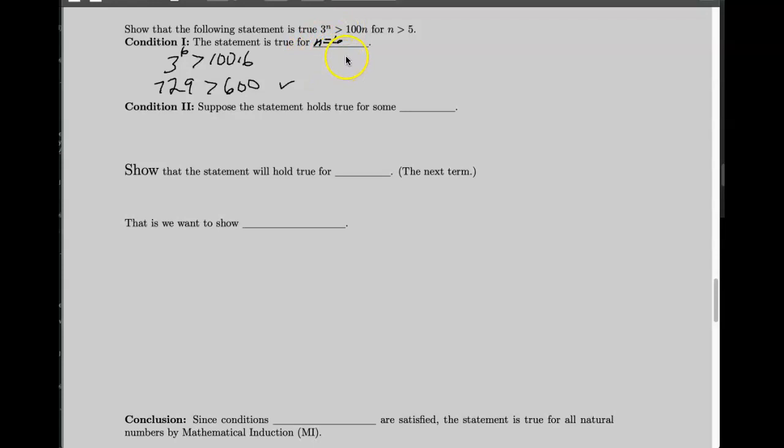And notice that the statement doesn't always have to be true for the first term. It's just for whatever value of n is going to work. For condition 2, we want to suppose the statement holds true for some n equals k.